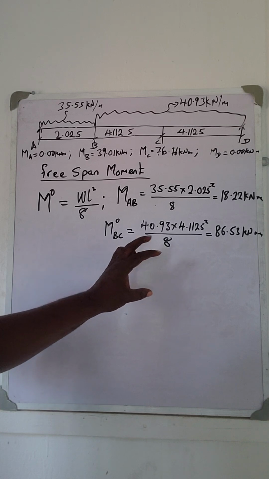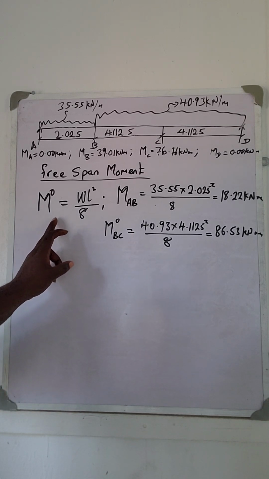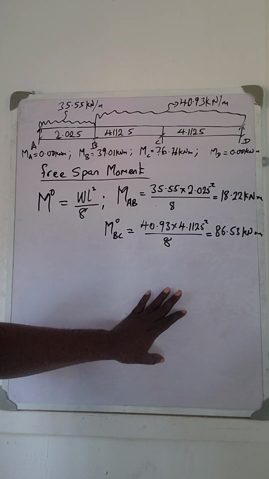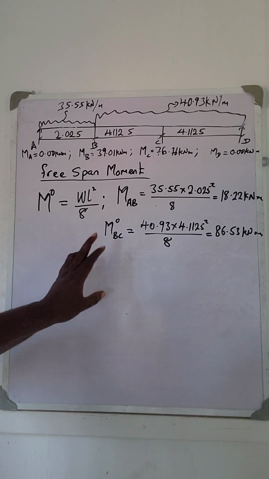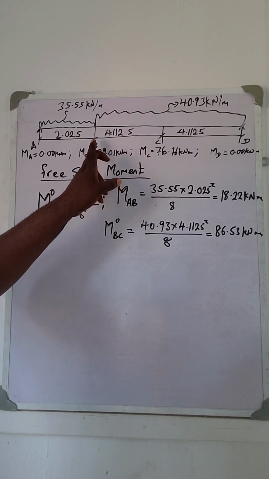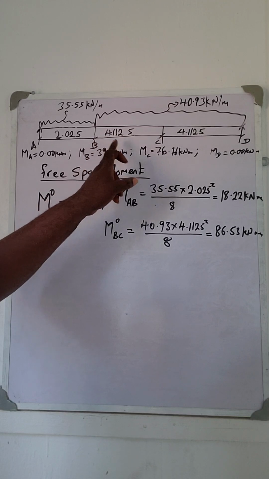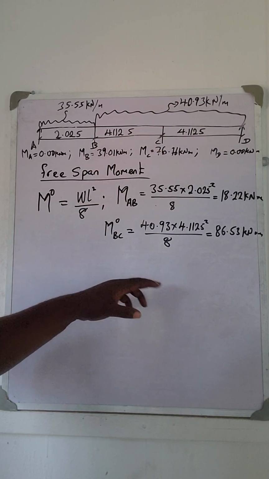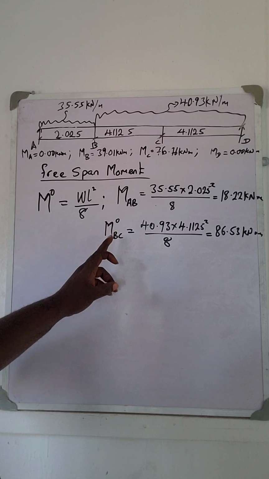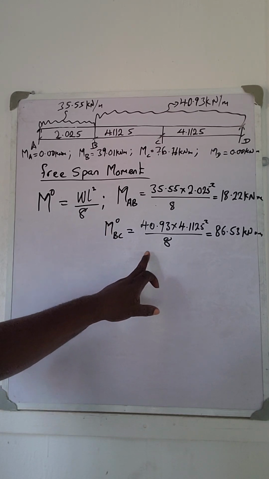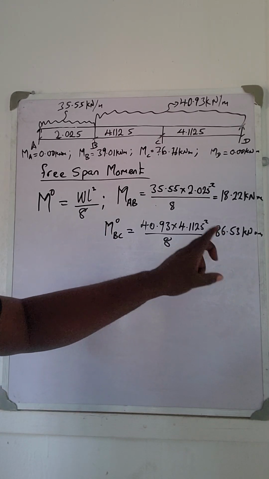Later you will see why it is more accurate when you use actual span moment. Free span moment assumes that every span is simply supported. So MBC here is equal to 86.5.